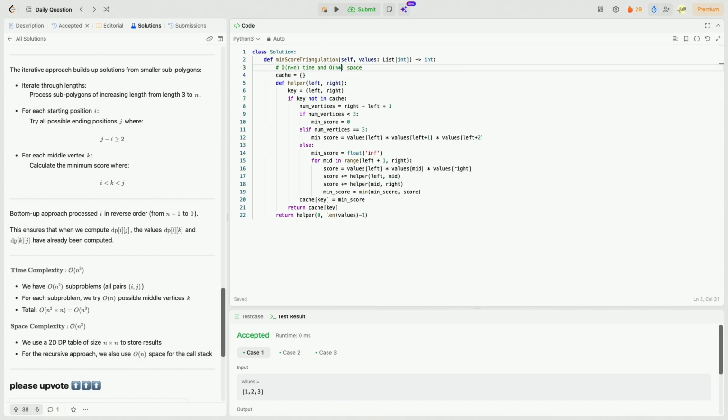So yeah, that's why our cache is also going to be O of n squared space. But why is the complexity O of n cubed? We have n squared subproblems. Oh yeah, and for each subproblem we have to try O of n possible middle vertices. Okay, so yeah, my reasoning was a little off here. So it's actually O of n cubed time and O of n squared space.